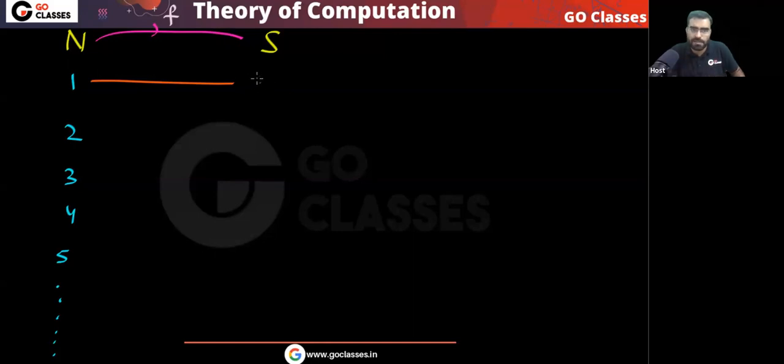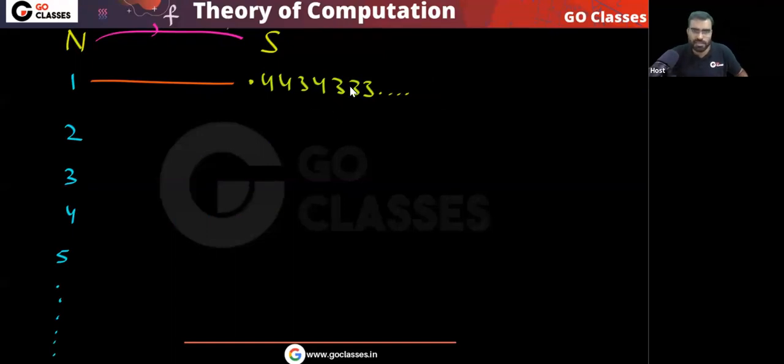For example, let's assume this is mapping to 4, 4, 3, 4, 3, 3, 3, and so on. Please understand the set. In the set S, you have only those real numbers between 0 and 1 which contain only 3 and 4.